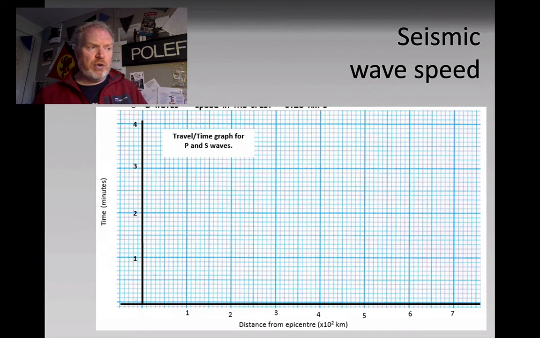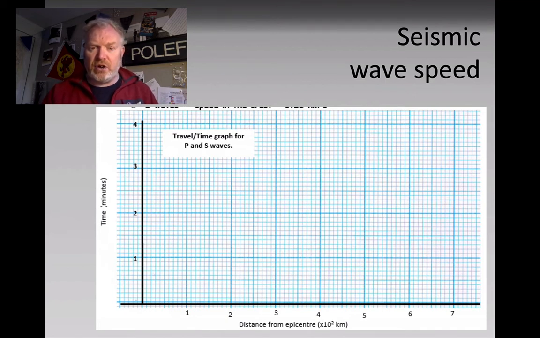Now you can see in your booklets that P waves travel at 5.6 kilometres per second. S waves are slower at 3.25 kilometres a second. So we can actually plot a graph to show how these move. We could, for example, look at how far they'd have gone after 1 minute and 2 minutes.